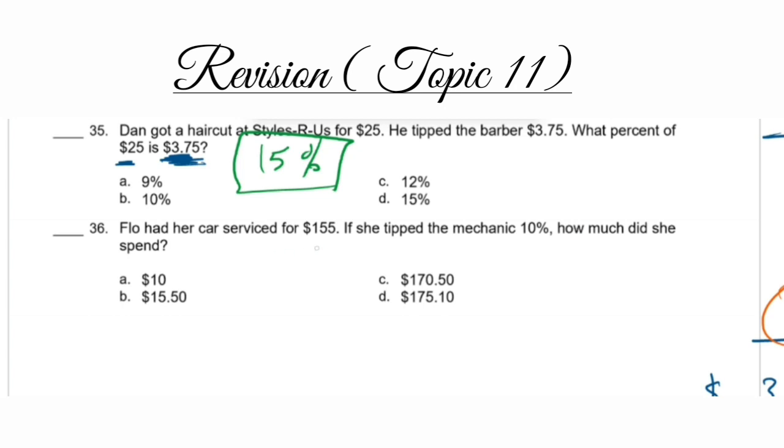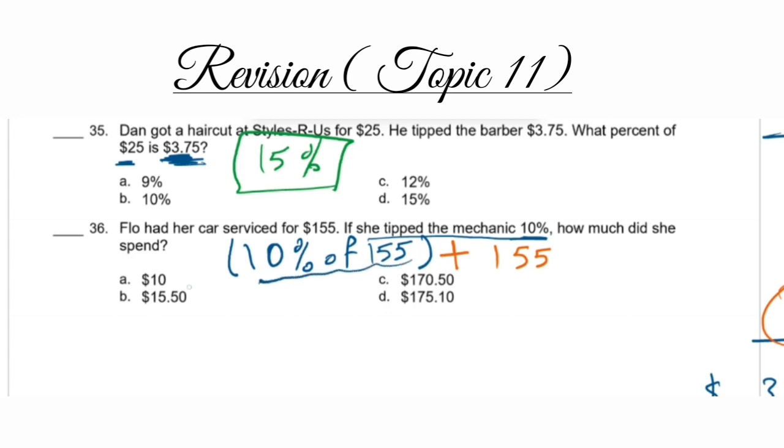We have here $155 and she tipped 10%. So we need to find 10% of 155 and add this to the original, which is $155. So we will find first 10% of 155. That's easy.